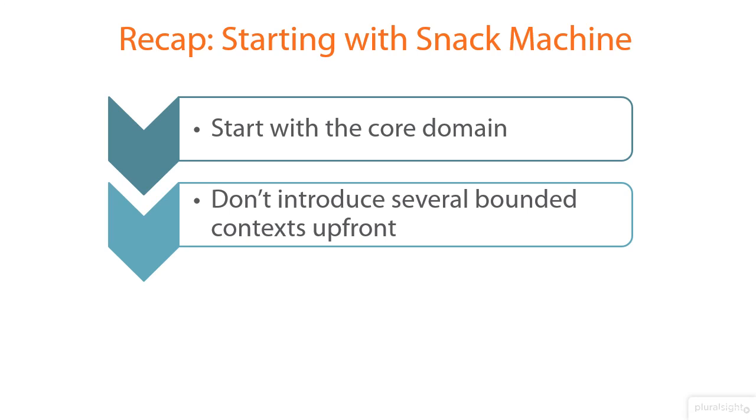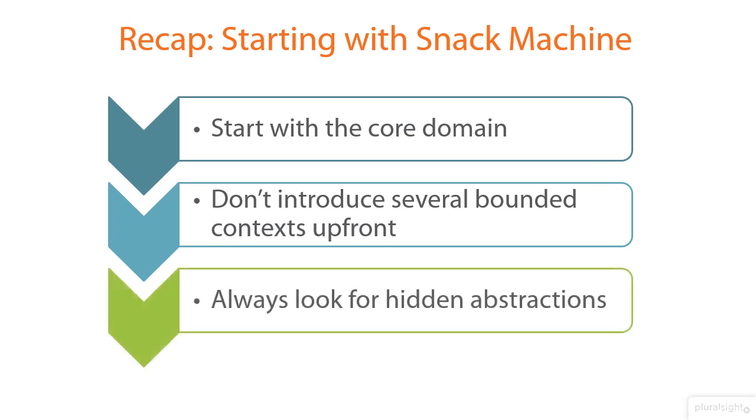While bounded contexts help reduce complexity of your code, the approach is justified only when your code base is quite big already. Otherwise, they won't reduce the complexity, but rather increase it instead. And thirdly, constantly evaluate your code and look for hidden abstractions. You saw that after we introduced the money class, the code of the snack machine was simplified greatly.